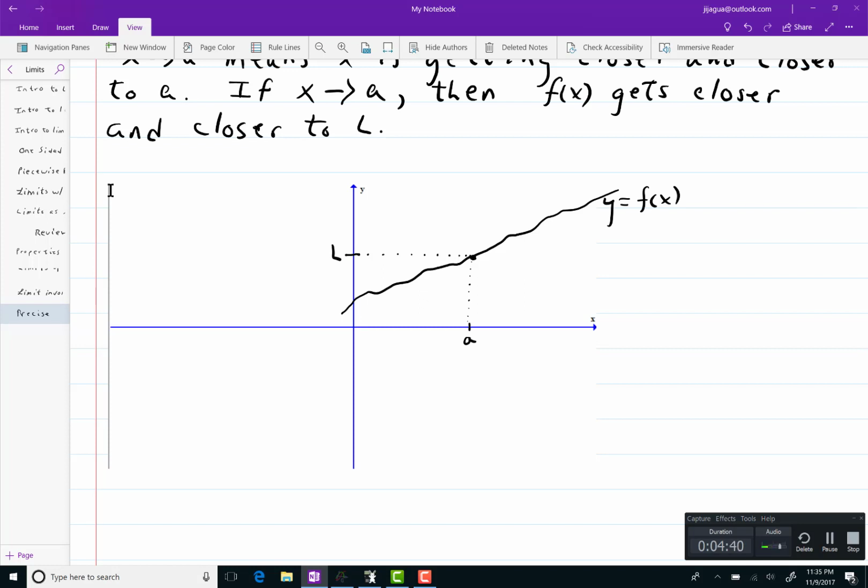Now, I somehow need to make a relation between the x values and the y values that will show that as the x values shrink down to A, the y values close in on L. So let me show you sort of how it does. We allow a certain amount of error in how far away I am from y.